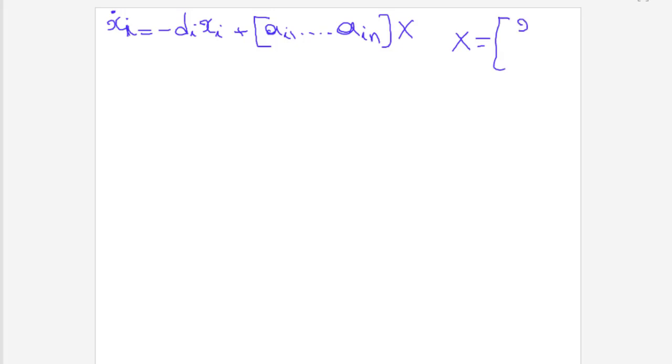What is x? X is x1 through xn, the state of all agents.